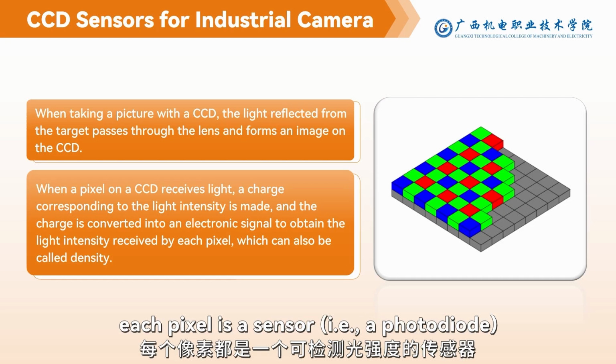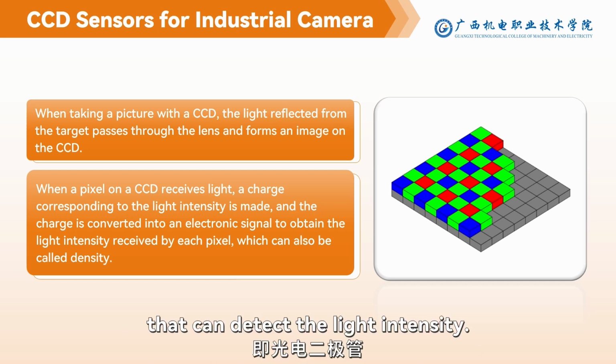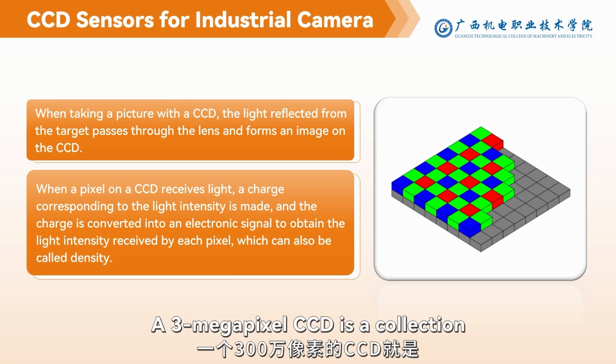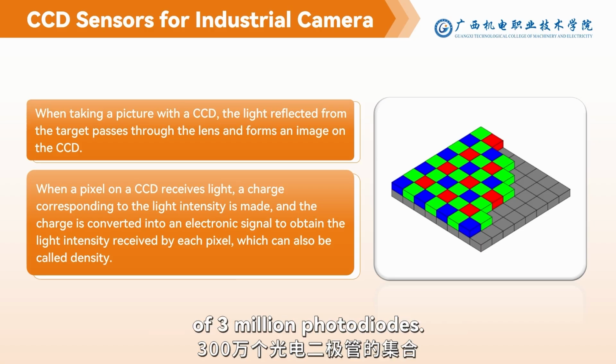That is, each pixel is a sensor that can detect the light intensity. A 3-megapixel CCD is a collection of 3 million mini photodiodes.